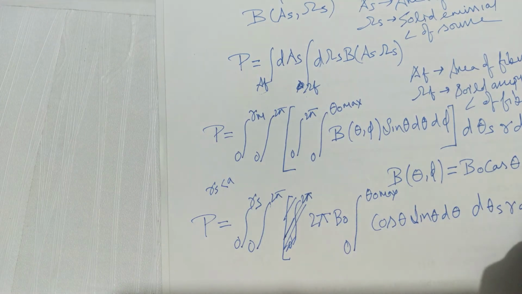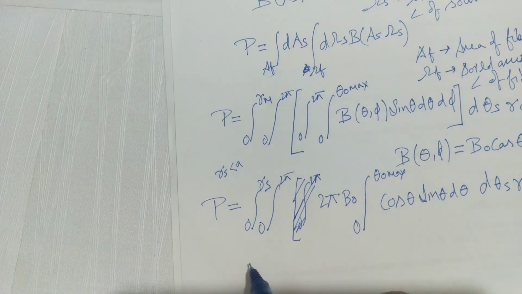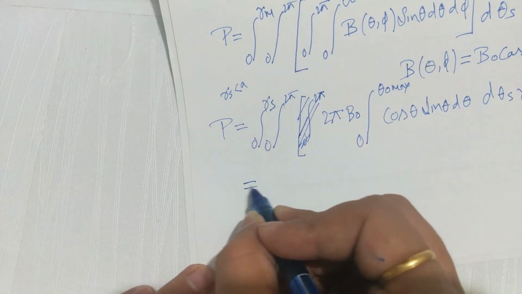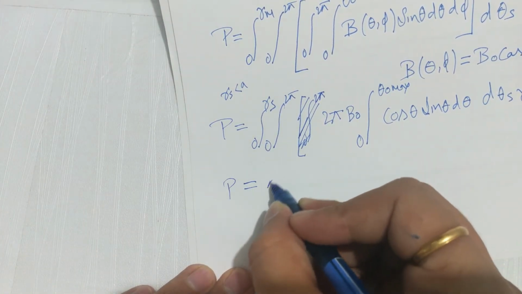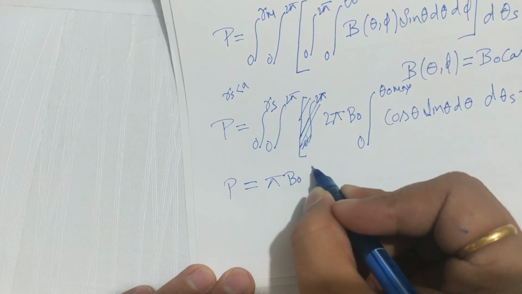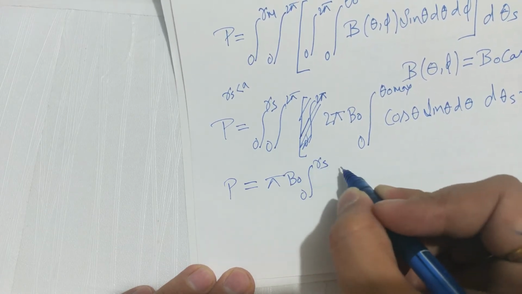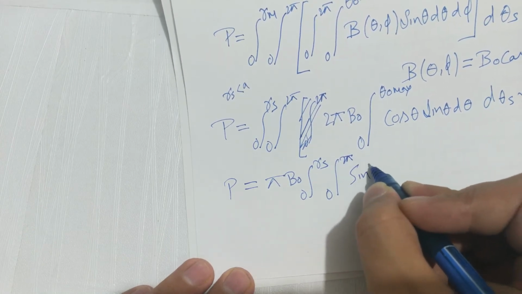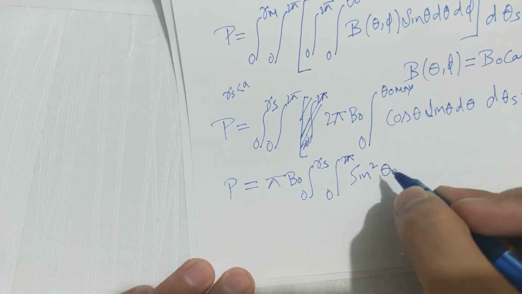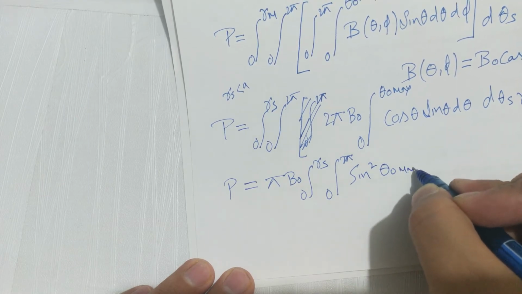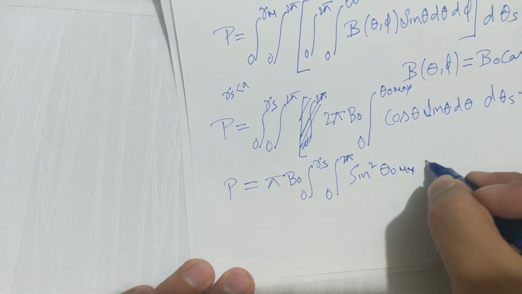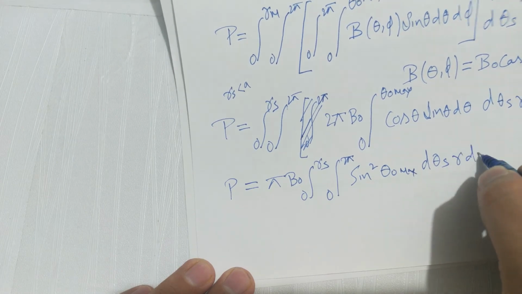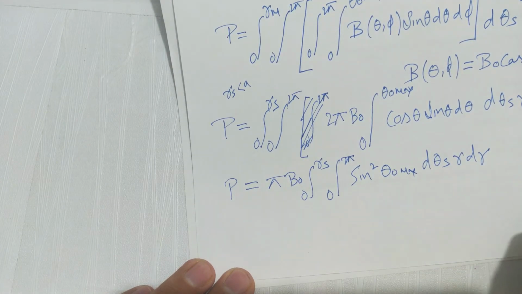Applying limits and further solving, P is equal to pi B_0 integral 0 to R_s, 0 to 2 pi, sin square theta_0 max.